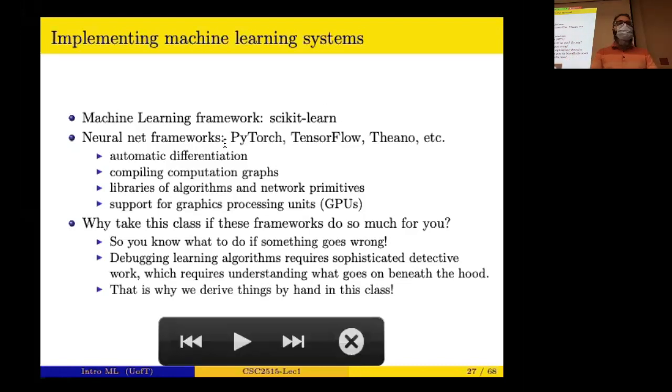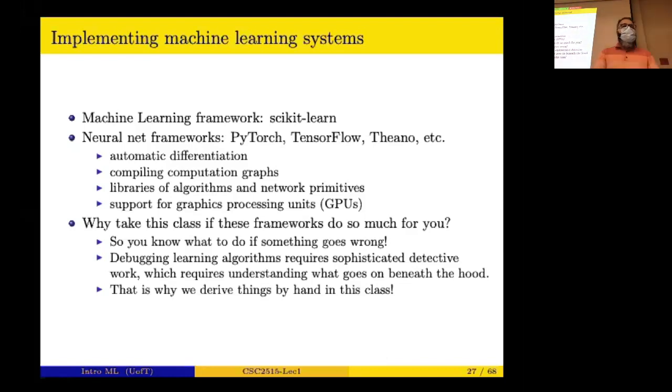For neural networks, we also have frameworks for implementing them, like PyTorch, TensorFlow, Theano, JAX, and things like that, that do many of the complex computations we need in order to implement a neural network.